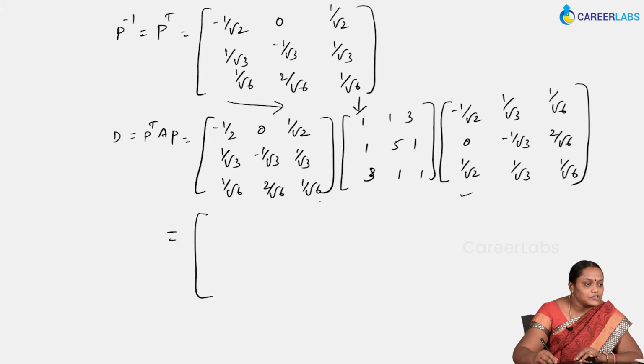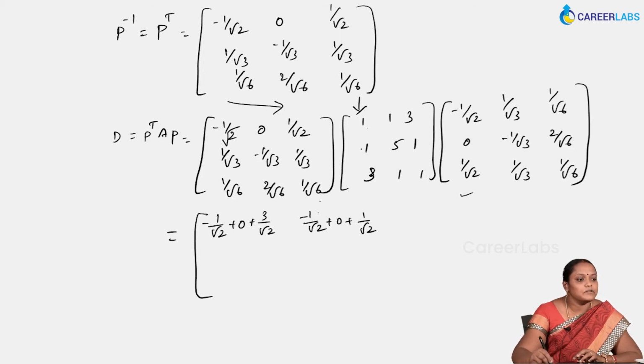So this will be minus 1 by root 2 into 1, sorry, this is root 2. So minus 1 by root 2 into 1 will be minus 1 by root 2, 0 into 1 will be 0, then 3 into 1 by root 2 will be plus 3 by root 2. Same way for the second element, this row with second column: minus 1 by root 2 plus 0 plus 1 by root 2.